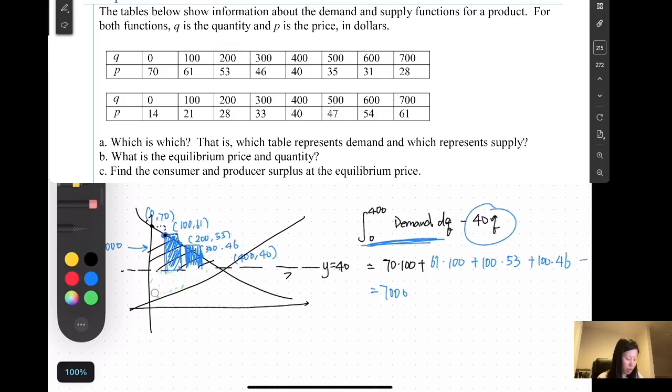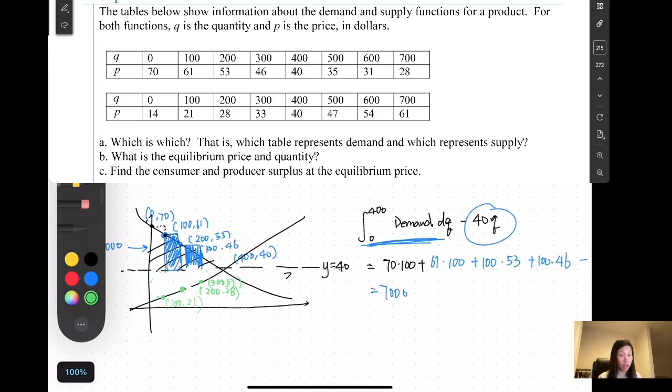So now let me erase this part. Now we have different points. I'm going to label this point first: here I have 14, 21, and the second point I got 200 and then 28, 300, and then 33. The last one is 414, which is our equilibrium point.